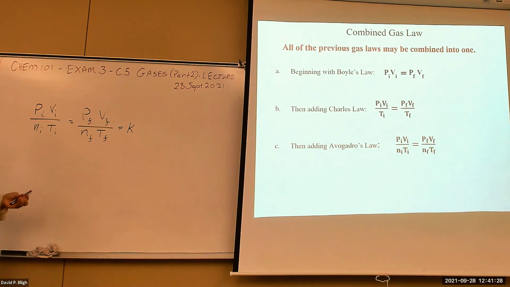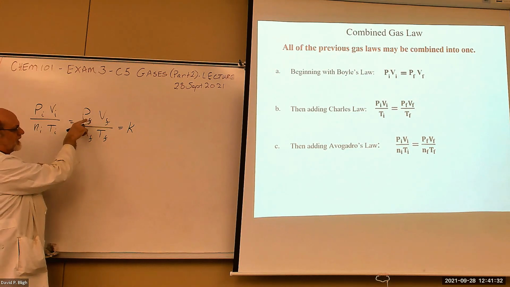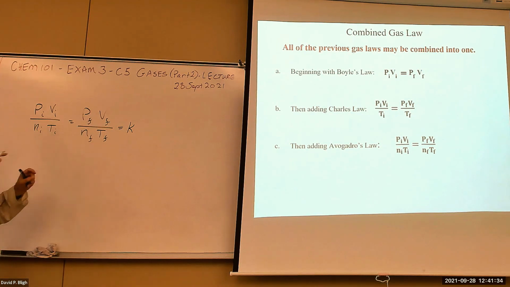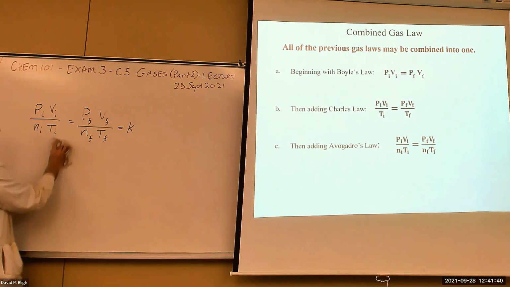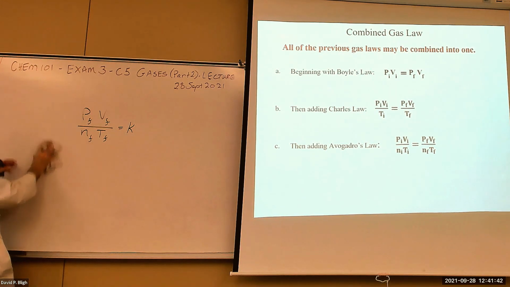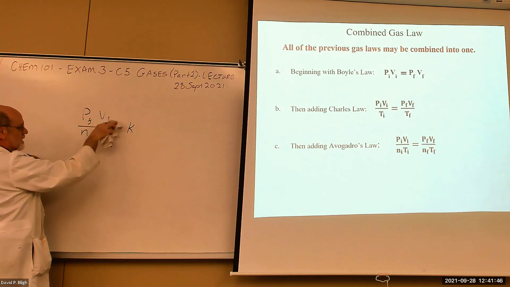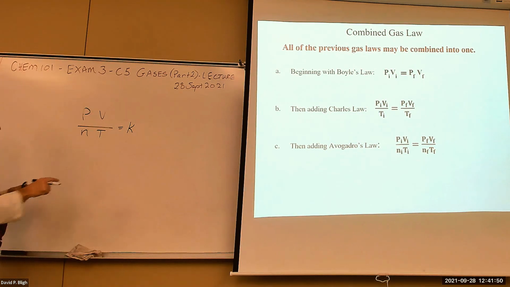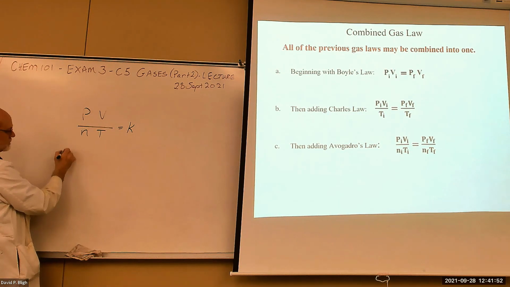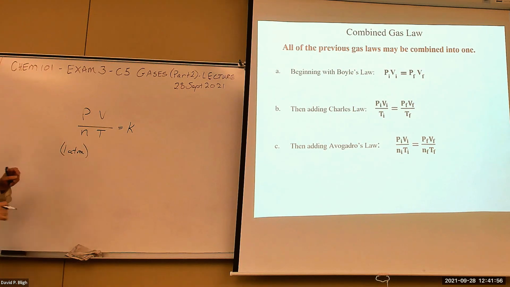Okay, so let's say our standard pressure is 1 atmosphere. Let's just pull that out. We know they're both equal to that constant. So let's just say for right now, at this instant in time, the pressure is 1 atmosphere. Okay?